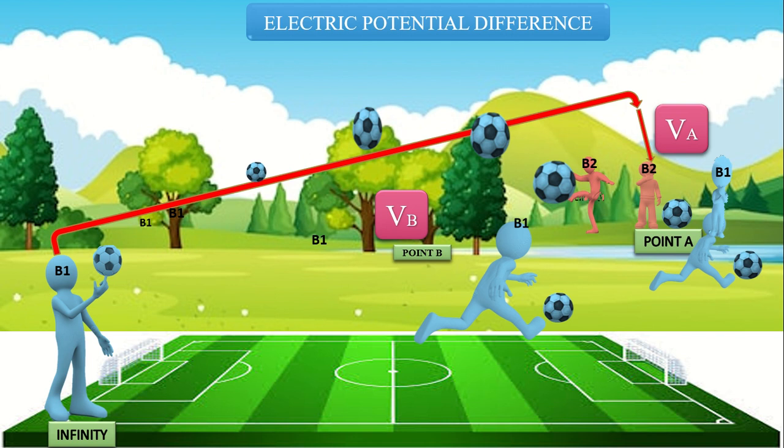Since B2 kicked the charge from point A to infinity, B1 has to move all the way to infinity to bring back that point charge again.